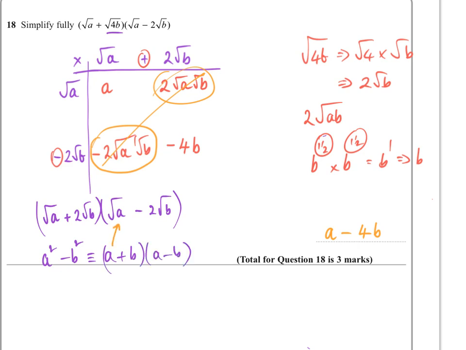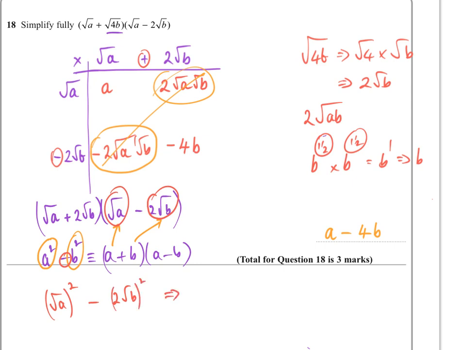So if a was your root a and b was your 2 root b, then if you use this formula, a squared minus b squared, i.e. this squared minus this squared, then that would give you the answer straight away.